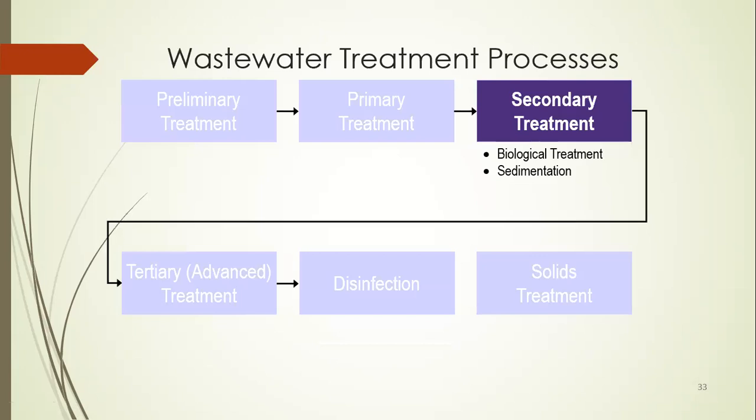Then the water moves into the secondary treatment where your main target here is to remove most of the BOD, the biochemical oxygen demand. And in secondary treatment, it is a very common practice to see biological treatment of wastewater systems being used.